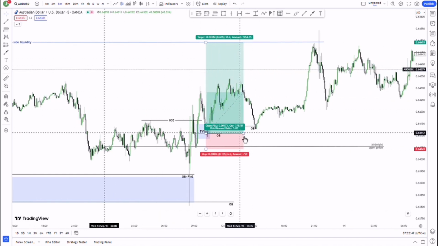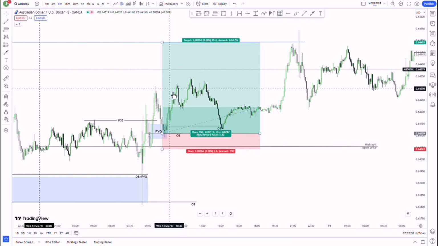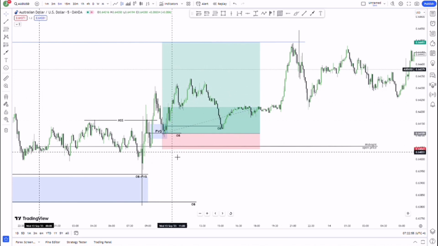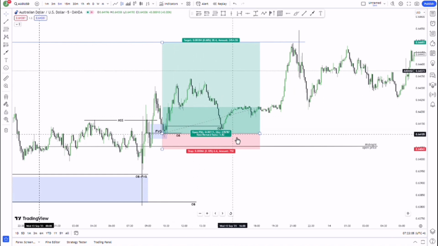So we just held the trade. But after it broke over here, what we did was we took the stop loss and placed it just above the entry point. So if it came and hit our stop loss, it would have been a break-even trade.